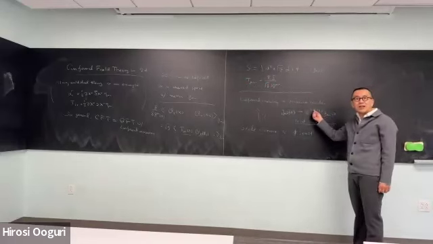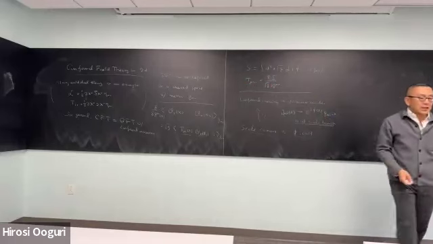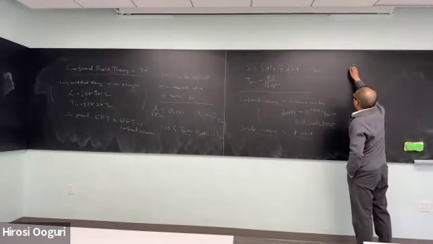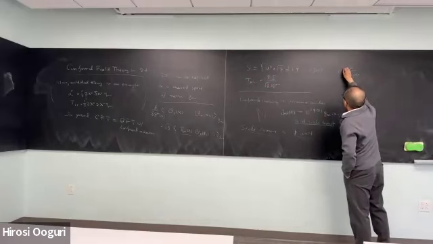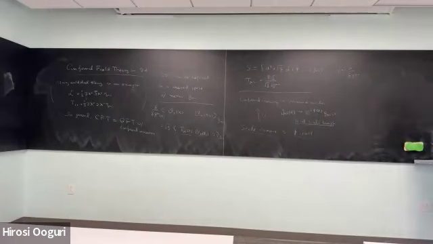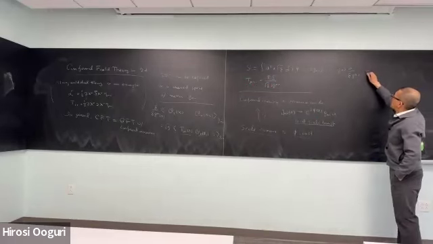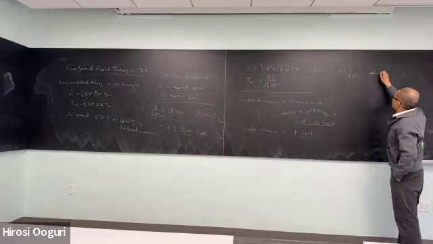The theory does not change if you shift it in the direction of overall scale. So the variation of the metric in the direction which changes the overall scaling of the metric should be trivial.